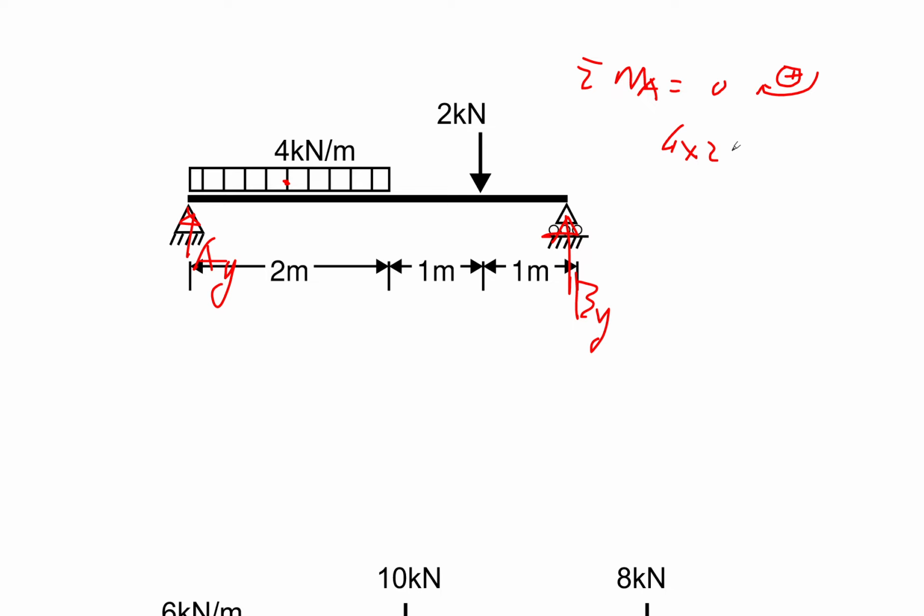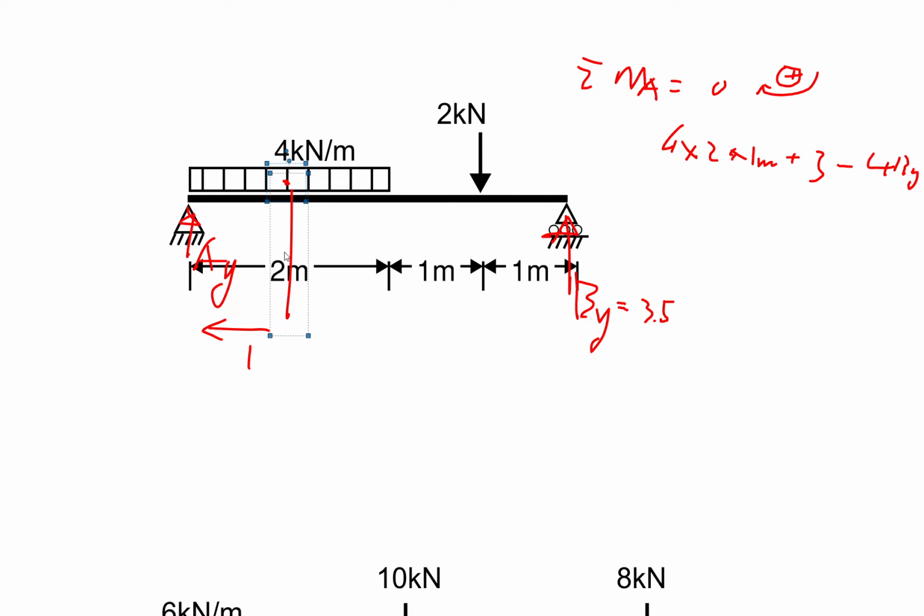So I've got 4 times 2, the point load times the lever arm, which is to here. That's 1 meter here. So 1 plus 2 kilonewtons, the lever arm is 3, and minus 4 times By equals 0. In this case, you can work out your By is 3.5.